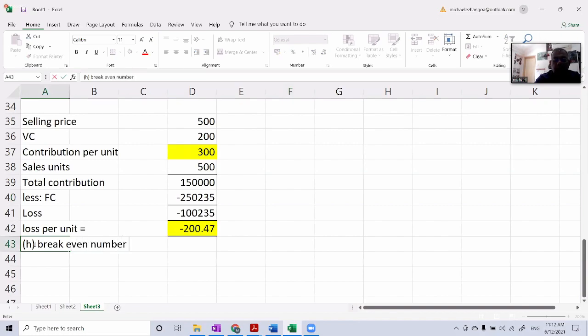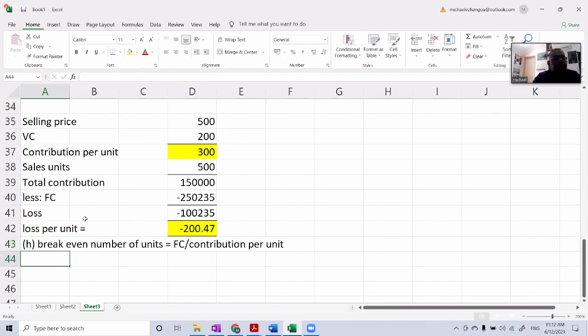Break-even number of units is fixed costs divided by contribution per unit. So your fixed cost is 250,235.